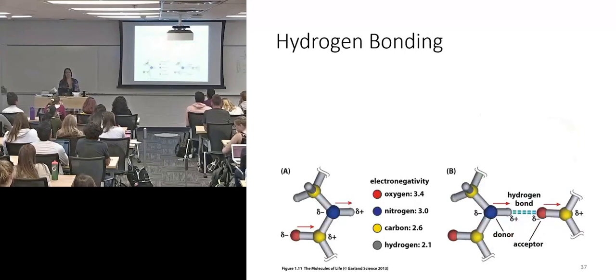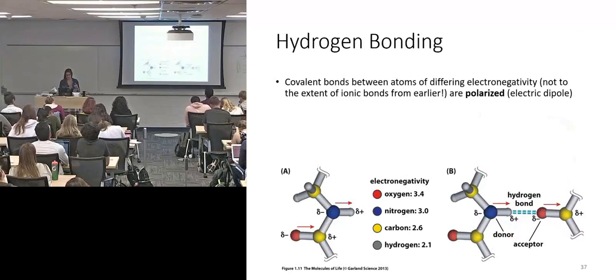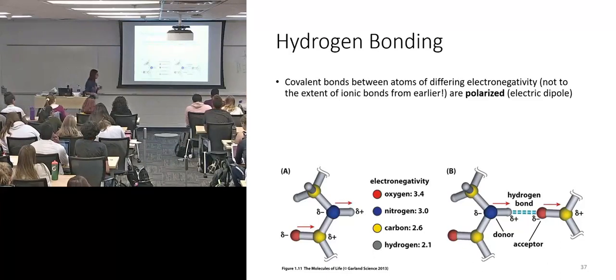Okay. So another type of non-covalent interaction that we're going to talk about, probably the one we're going to talk about the most going forward through the rest of the semester, will be hydrogen bonding. Covalent bonds between atoms of differing electronegativity. This is not to the extent of an ionic bond formed earlier. But covalent bonds, so here's the actual covalent bond.